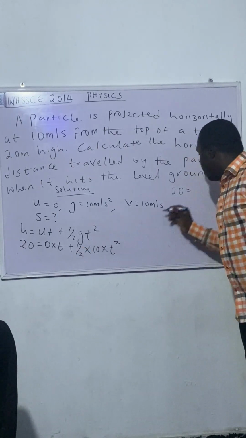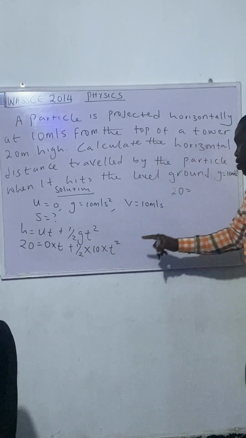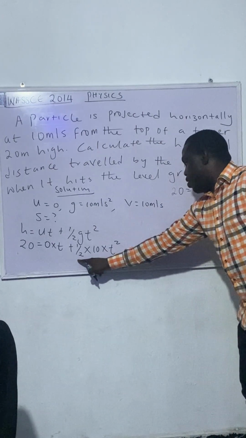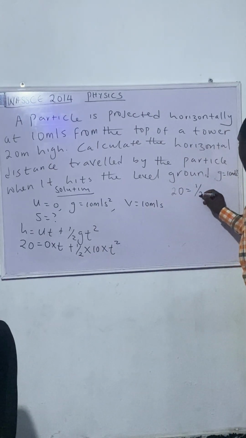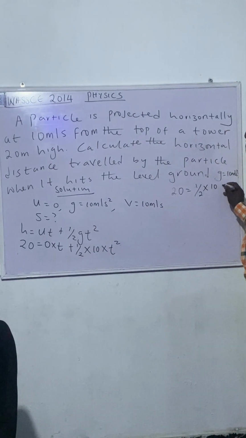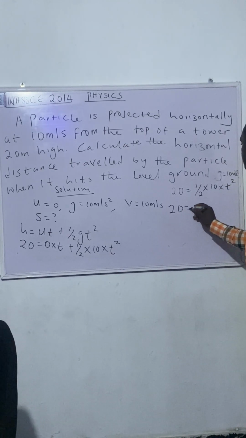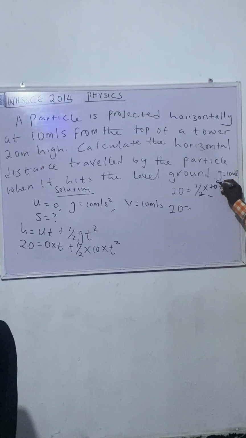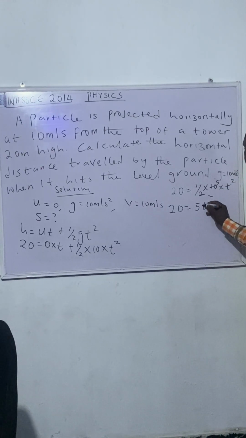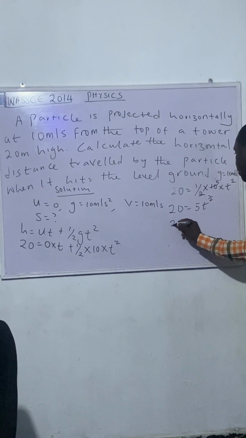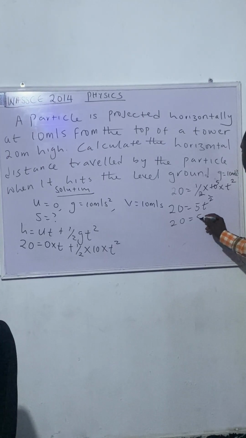If you multiply 0 by t, you have 0 there, so there's nothing to really do. What we have left is half times 10 times t squared. So that you have 20, 2 here 1, 2 here 5. So 5t squared. You have 20 equals 5t squared.